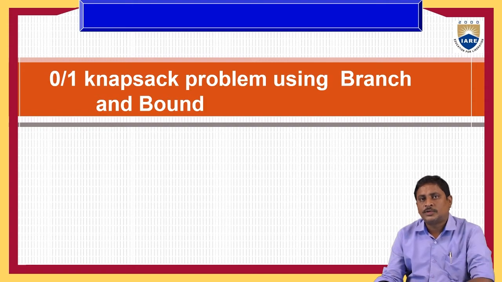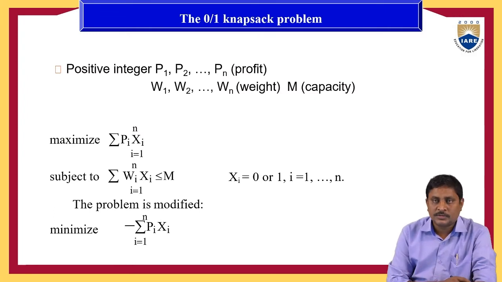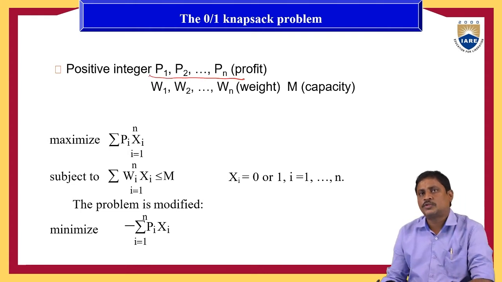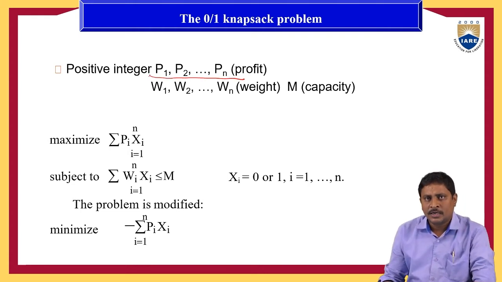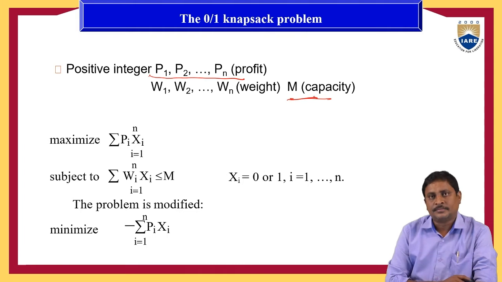Now we come to the 0-1 knapsack problem using this branch and bound method. First, the knapsack. A knapsack is a bag. In this bag we insert the weights up to the maximum capacity of the bag. Here P1, P2 and so on up to Pn are the positive integer profits, W1, W2 and so on up to Wn are the weight values, and M is the capacity of the bag.